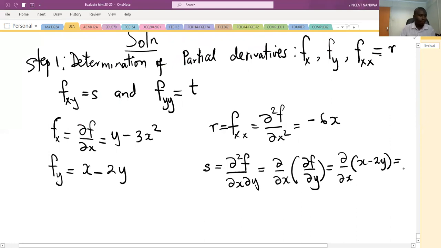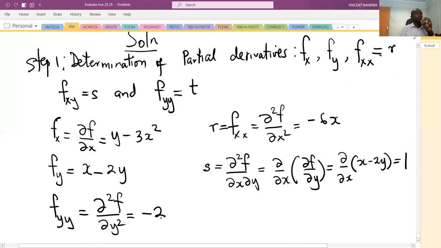This is 1. And then fyy, which is partial squared f partial y squared. So differentiate this with respect to y, so we get -2 as our value. So that's step 1 done.